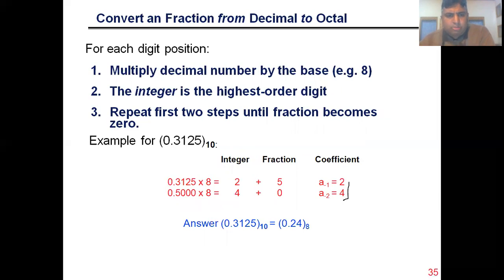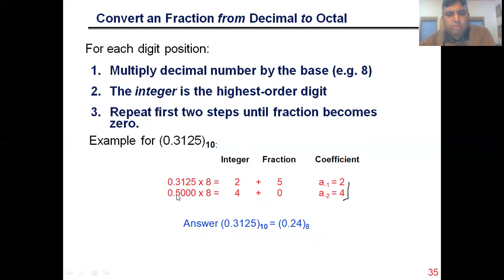And again, converting a fraction, basically what we are doing here, our decimal fraction is converted into octal. 0.3125 multiplied by 8 is 2.5. So 2 is the integer and fraction is 5.